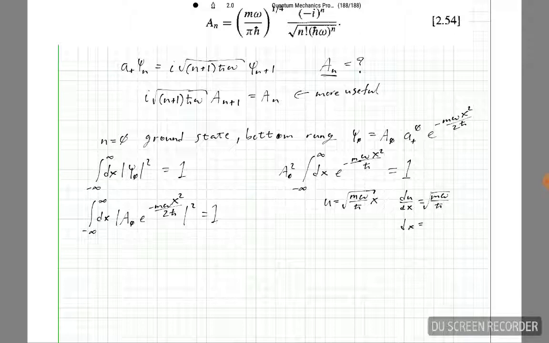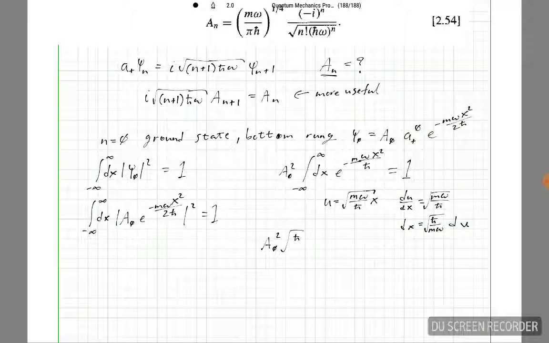So my dx is the square root of h bar over m omega times du. I'm going to substitute that in, and we'll throw the constant outside the integral.